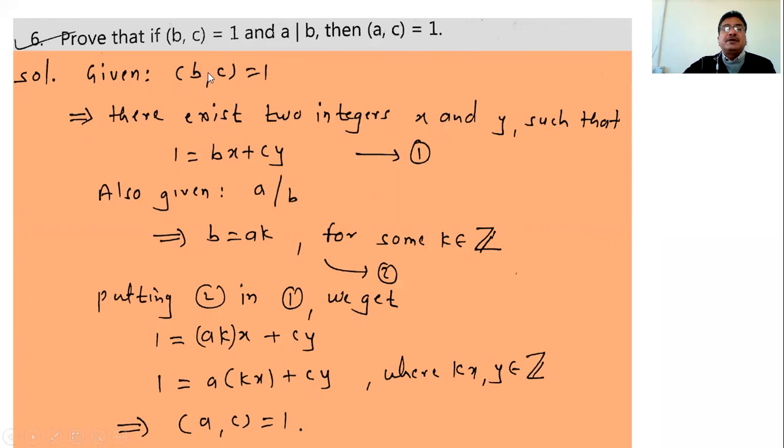Okay, if the greatest common divisor of b and c is 1, therefore 1 is expressed in the form bx plus cy for some x and y belonging to Z. Again, a divides b implies b is expressed in the form a times k for some k belonging to Z. So this is given.